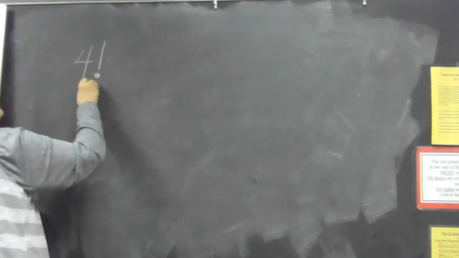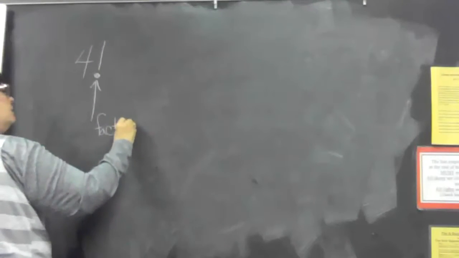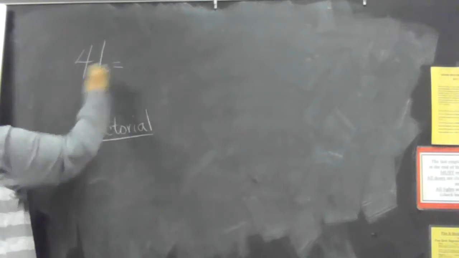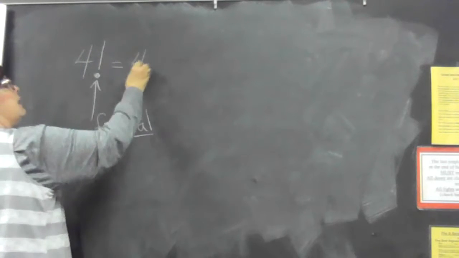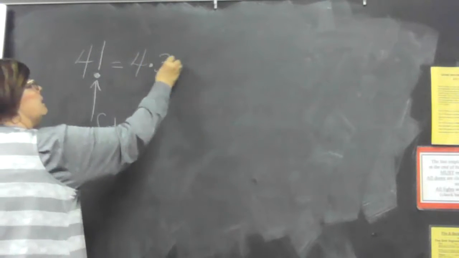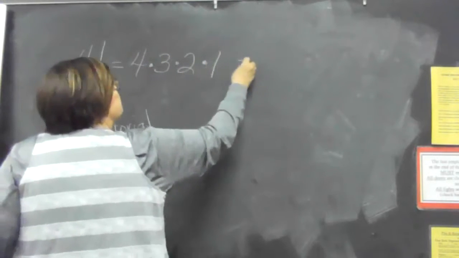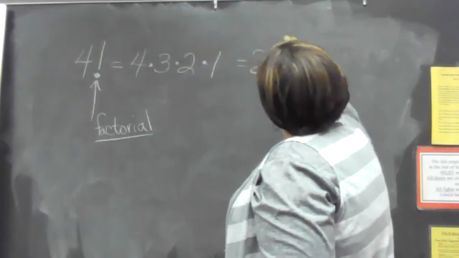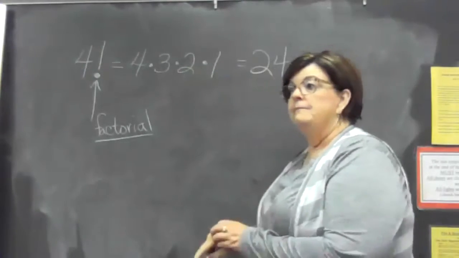This is the symbol for factorial, the exclamation point. What this means is it starts with the 4 that's given and it's multiplied all the way down to 1. And so the answer when you multiply this out is 24. So the answer to 4 factorial is 24.